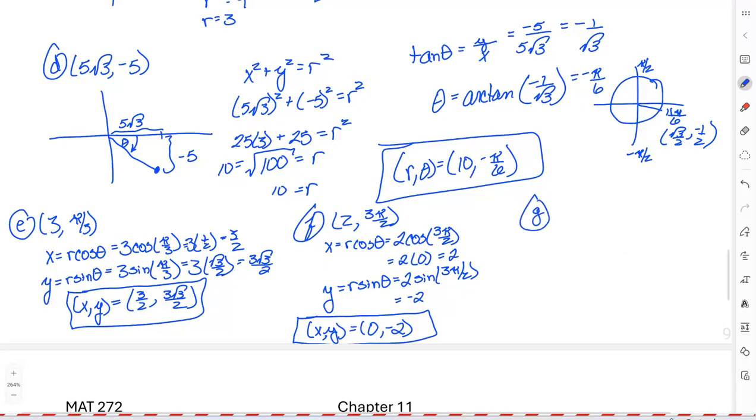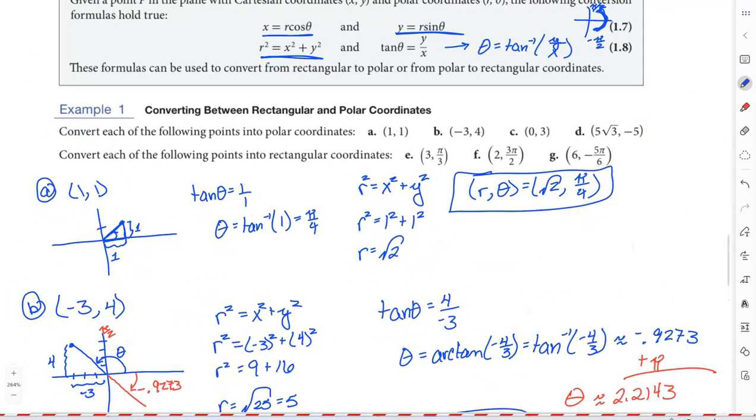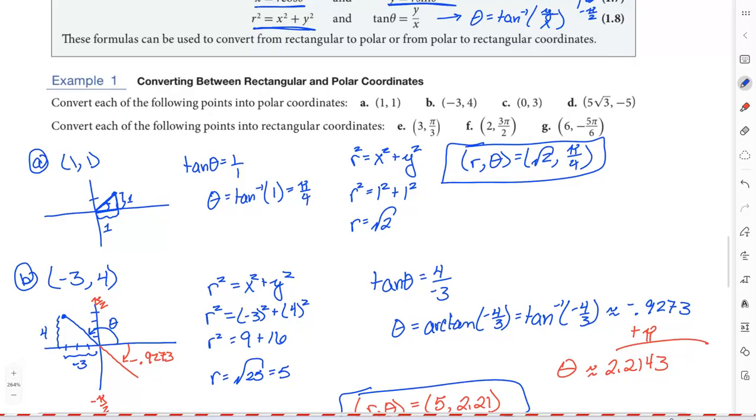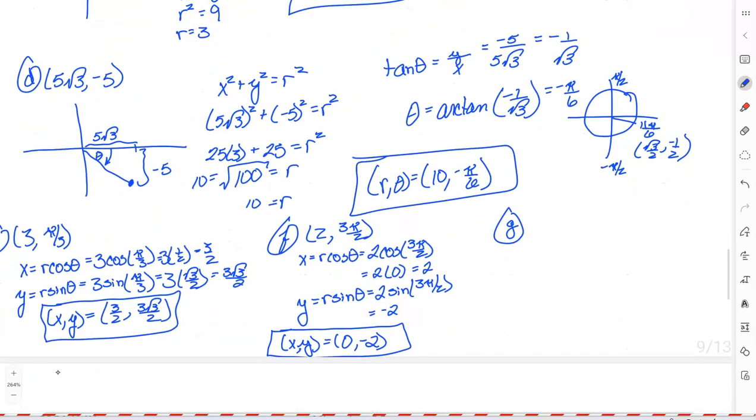And then G. G is looking at the point 6 comma negative 5 pi over 6. So x equals r cosine of theta, which is going to be 6 times cosine of negative 5 pi over 6.